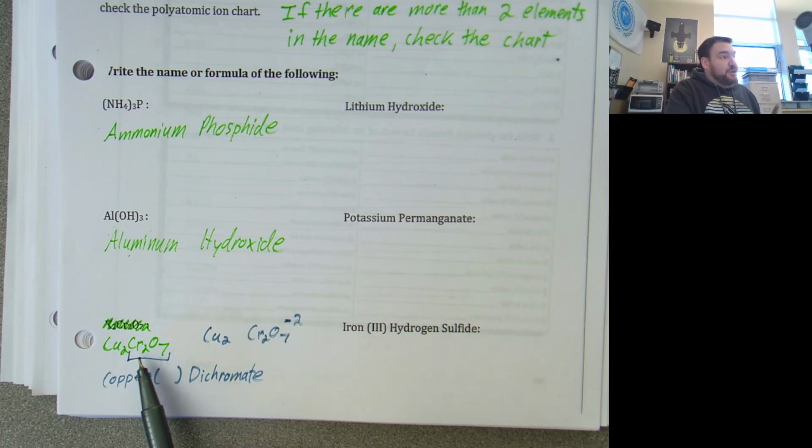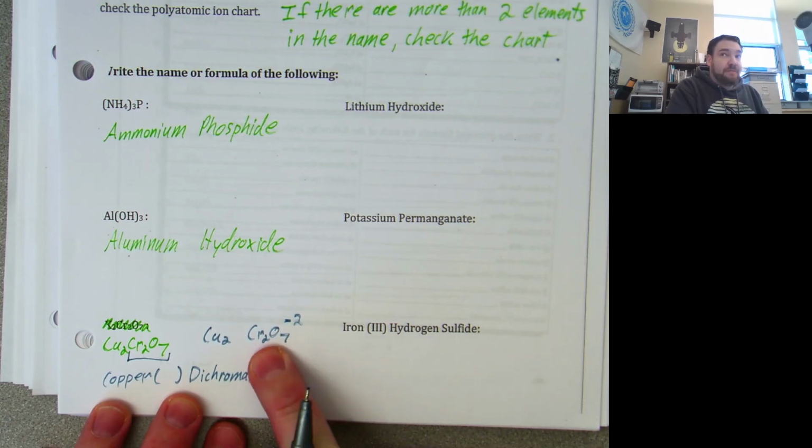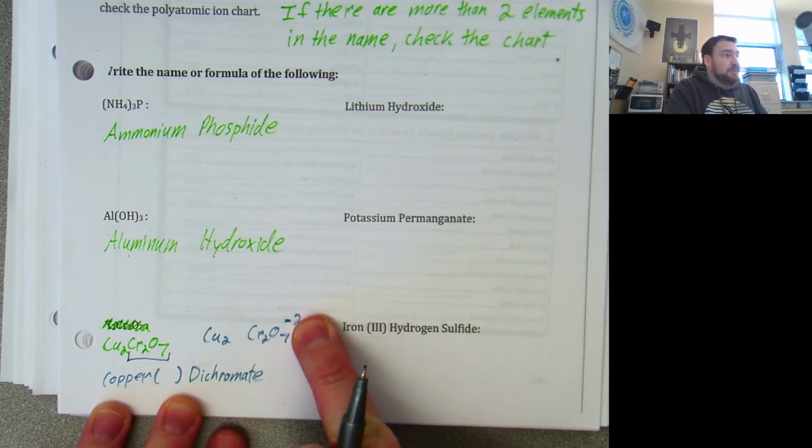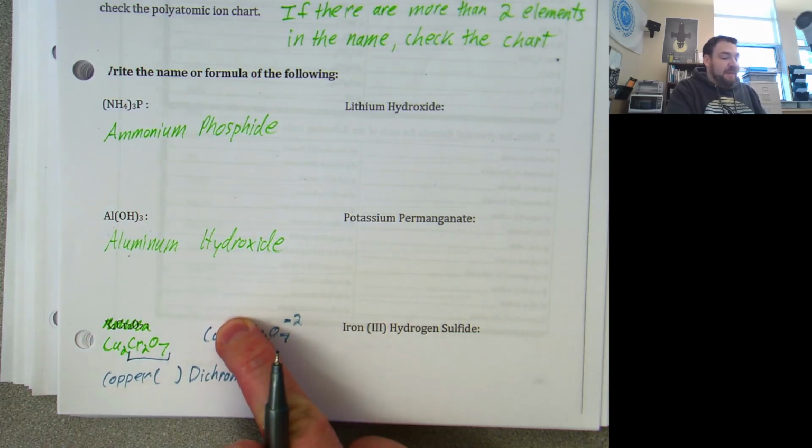And because there's no brackets around the Cr2O7, that means just one of them showed up. If there's no brackets, that means we just have one of these. So if we have just one bringing -2, and I've got 2 coppers, those 2 coppers need to balance out the -2. So what does the charge on copper here have to be?